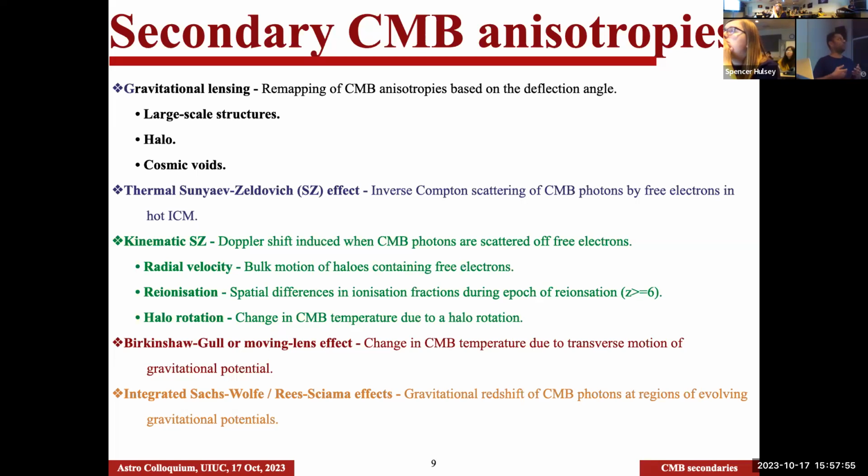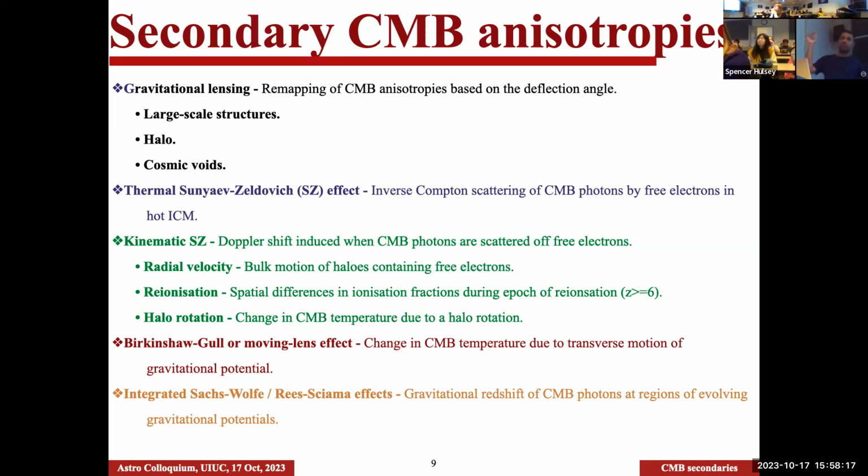So next is the thermal Sunyaev-Zeldovich effect. I will explain that in a little more detail later. But thermal SZ, we call it the SZ effect, named after Sunyaev and Zeldovich, two scientists who proposed that effect. It's simply the inverse Compton scattering of CMB photons.